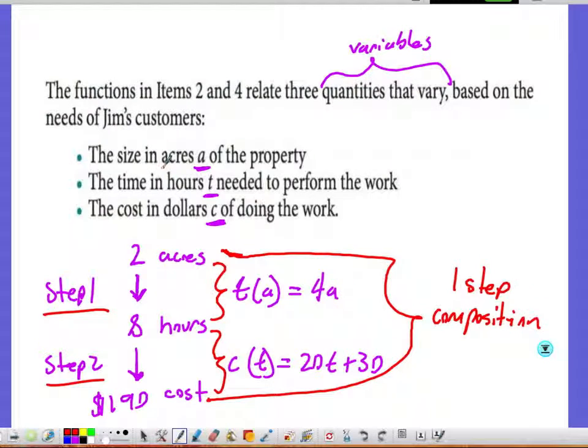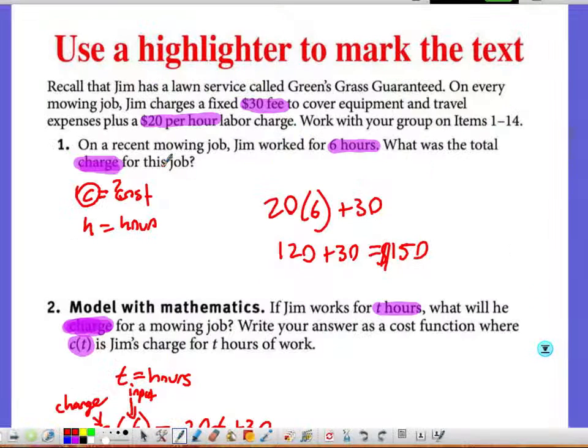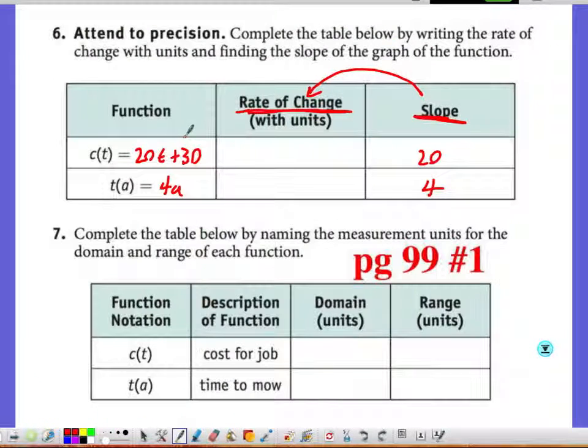So if we go back to our word problem, notice our clue right here. $20 per hour. That is exactly the rate of change it's asking for. $20 for every hour. $20 per hour. That's it.